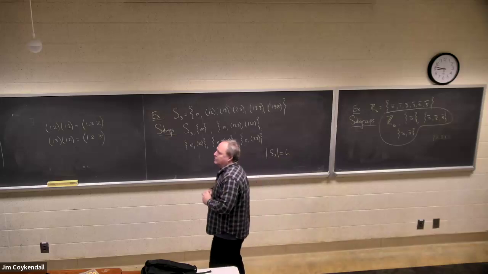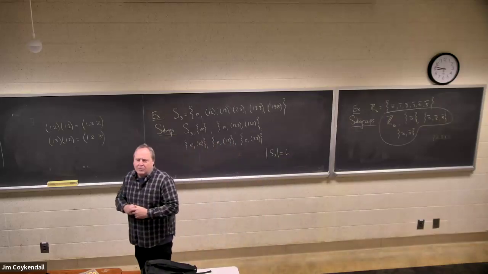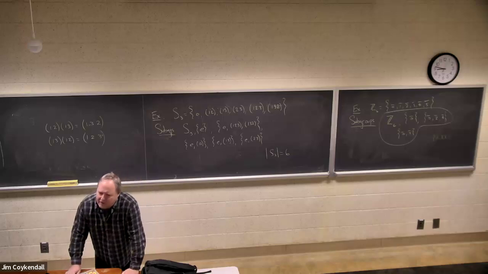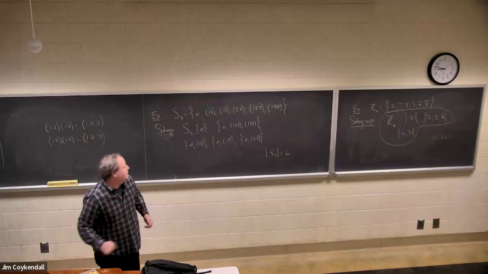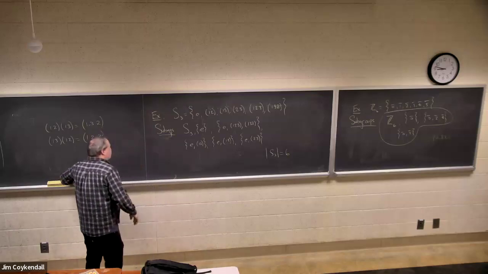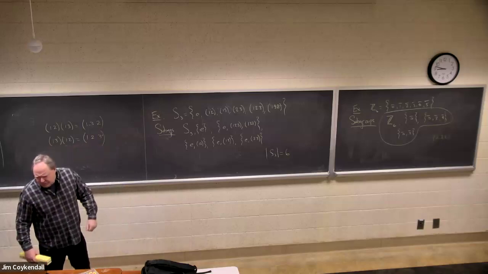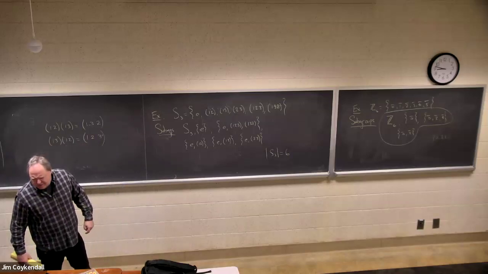As the powers build up, it's worse. There are 5 groups of order 8. I think there are 14 of order 16, 51 of order 32. I think it gets out of hand really quickly. But this is the first example of seeing the different kinds of groups here.